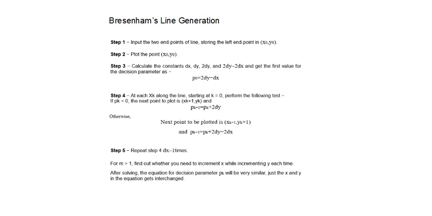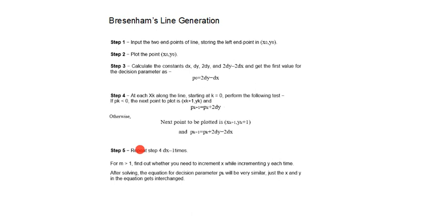Whether y will be increased or not will be decided on the basis of the decision parameter. So in the otherwise condition, the next point to be plotted is xk plus 1 and yk plus 1, and the new value of decision parameter, pk plus 1, is equal to pk plus 2 dy, similarly minus 2 dx. Here we have minus 2 dx.